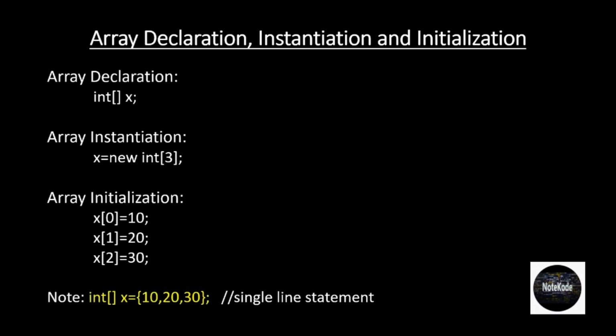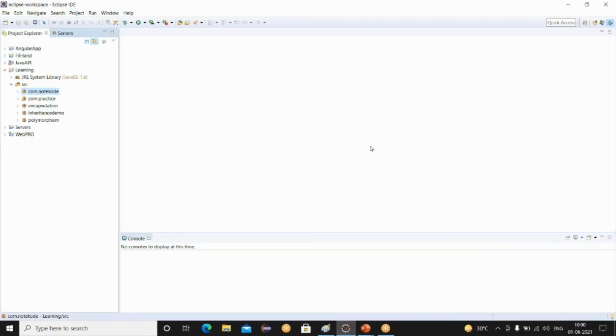Point to note, int array of x equal to, within curly braces, assigning the values 10, 20, 30. Here the left part is the declaration part and the right part includes both instantiation and initialization. So in both ways you can declare, instantiate and initialize your array.